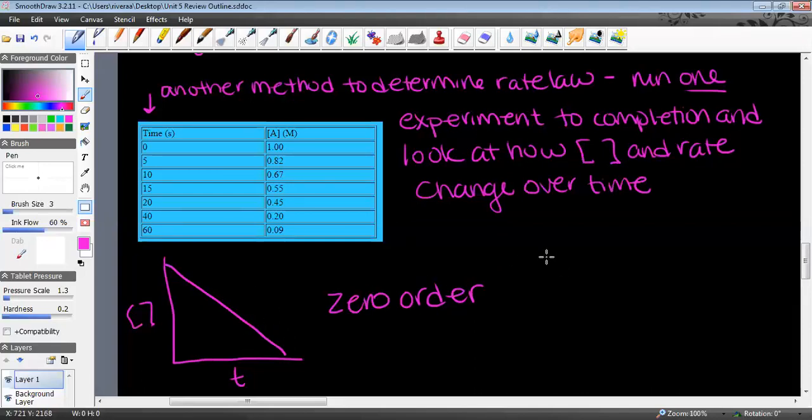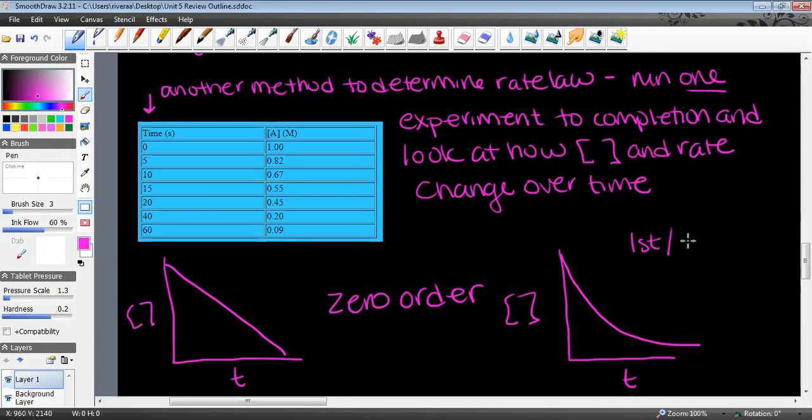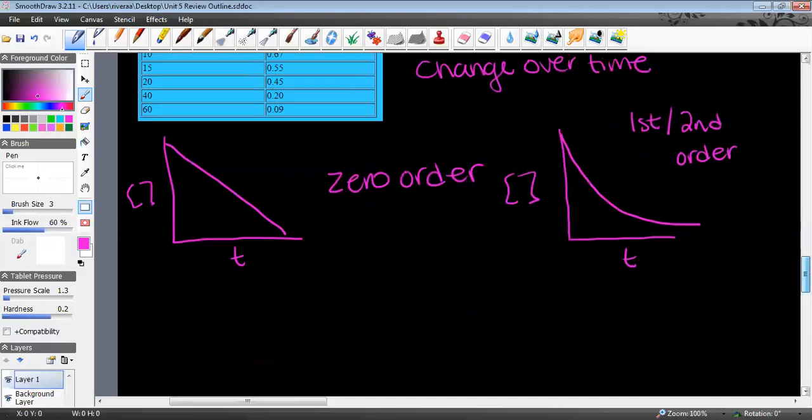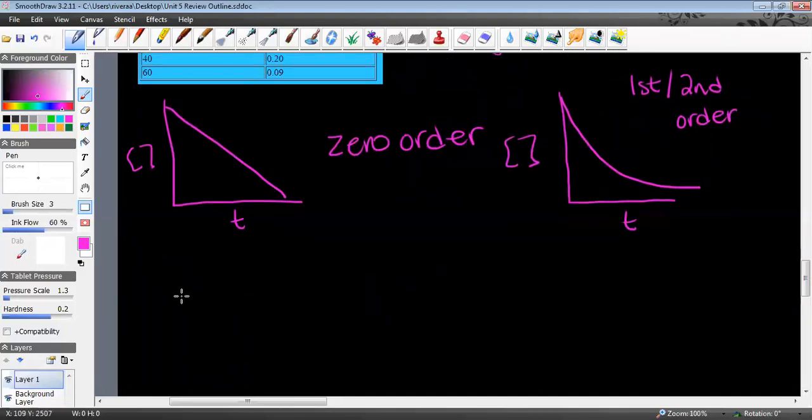However, if I were to graph concentration versus time and I saw the reaction slow down, like I saw a curve, it was not linear, that means it's going to be first order or second order, because both of those slow down over time. And the question is, which one is it? The way we can figure that out is we can integrate the rate laws and make 2 different graphs.